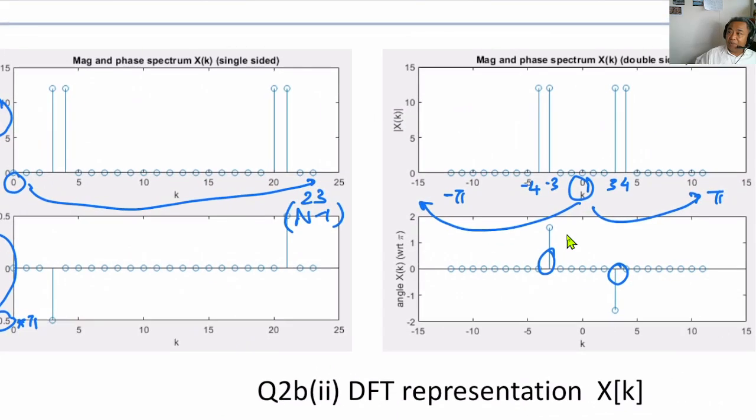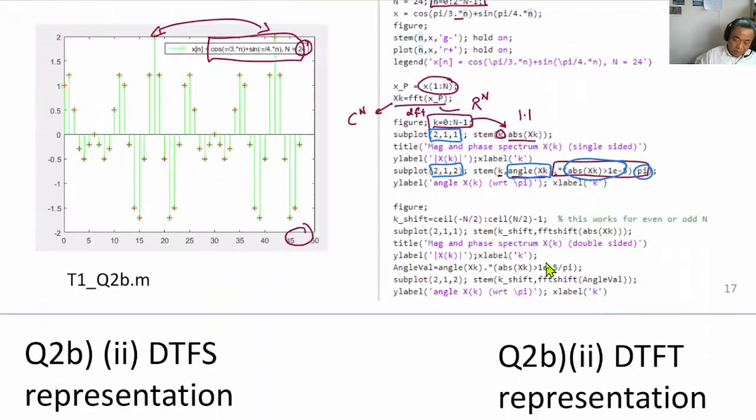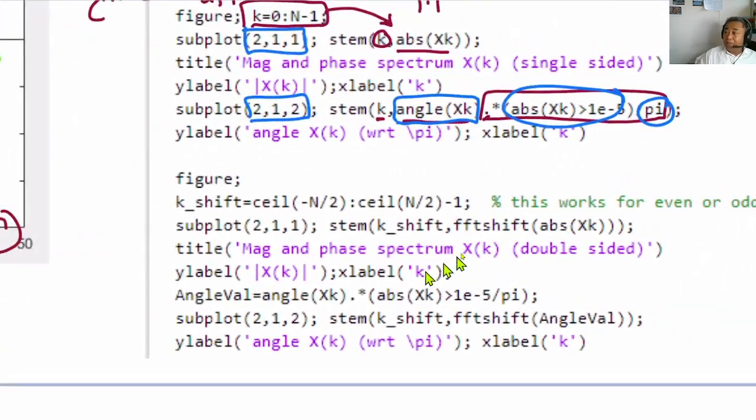So let's see how we generate the double-sided spectra. The way to get the double-sided spectra is to use something called FFT shift. Go and read about FFT shift in the manual, and basically it shifts the high guys to the other side.